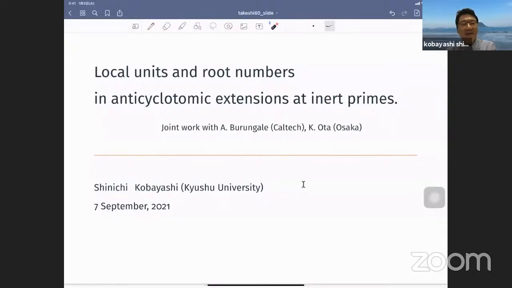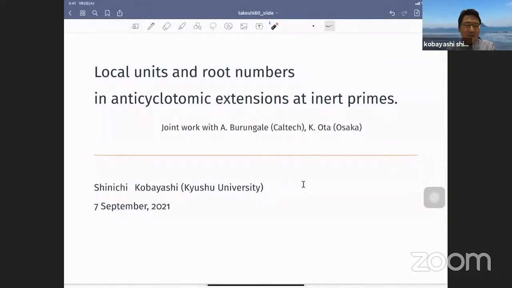And then I switched to study Iwasawa theory in the doctor course. And unfortunately, I did not return to ramification theory so far. However, recently, root numbers have come again in my research, fortunately, and that is the topic of my talk today.